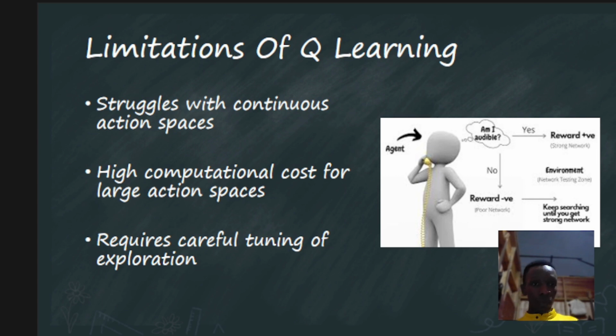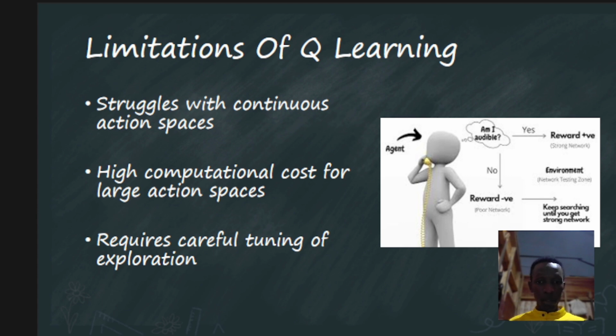And there's a high computational cost for large action spaces, whereby even with discrete actions, Q-learning struggles if there are too many states and actions. Basically the Q table grows exponentially as the state-action space increases. So high memory usage and long computational times are things that impact this cost.